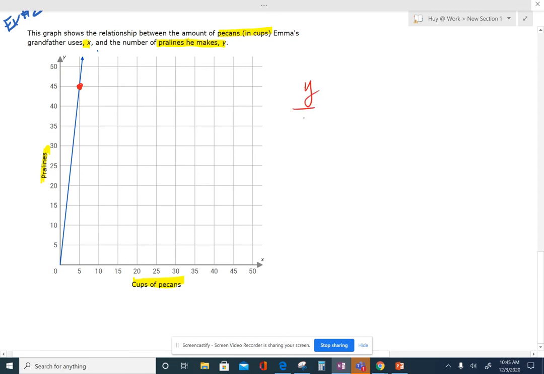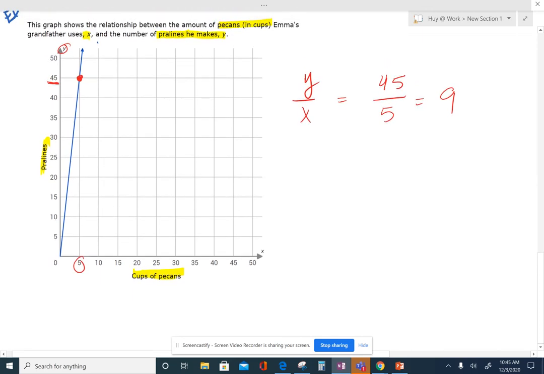And we're thinking y over x. So here's your y-axis, and it is 45. So that's right, 45 over, and your x down here is 5. 45 over 5. You can think 45 divided by 5 equals 9.